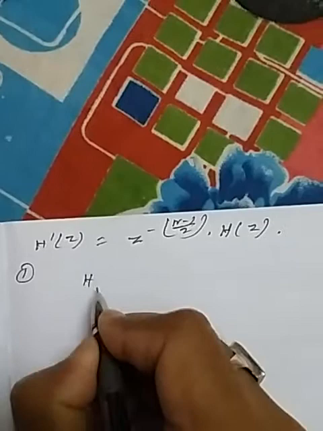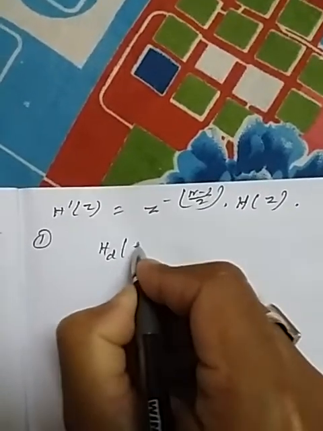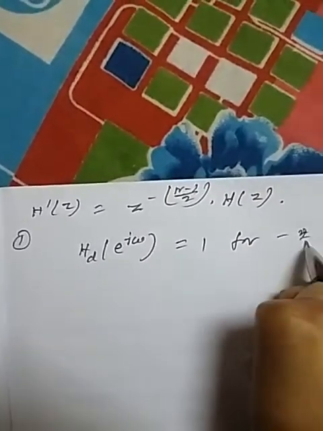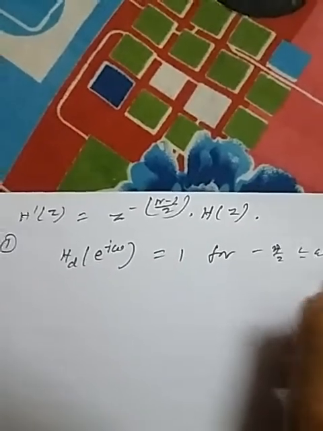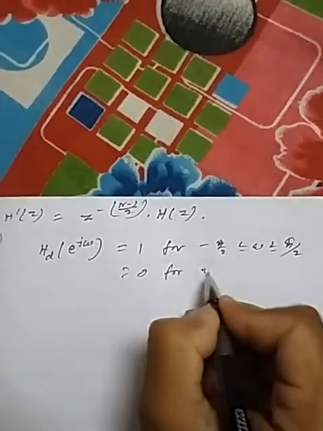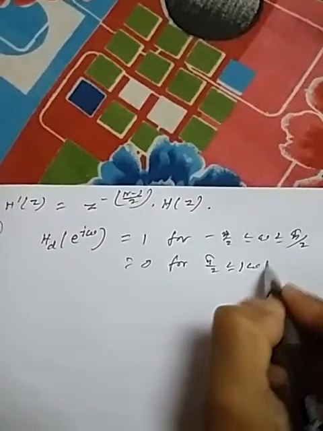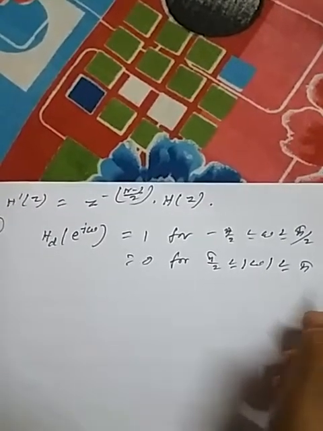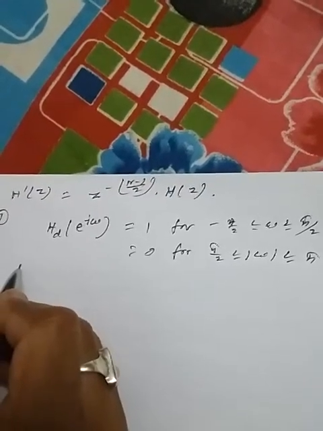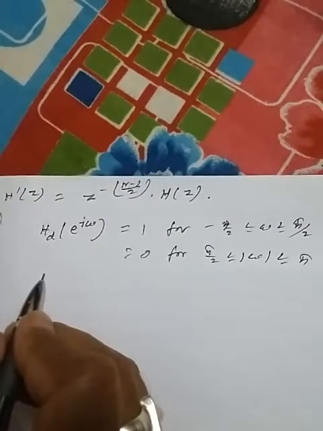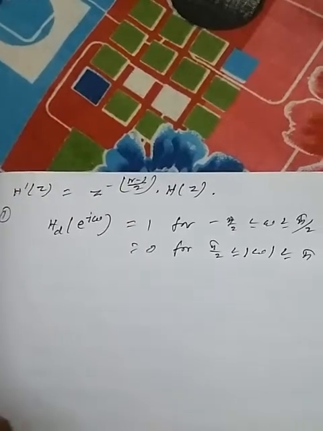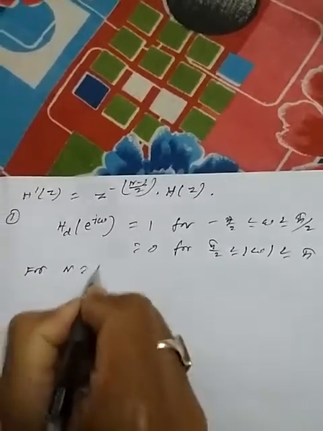If the desired frequency response of the filter is H_D(e^jω) equal to 1 for -π/2 ≤ ω ≤ π/2 and 0 for π/2 ≤ |ω| ≤ π, then suppose I have to find the value of h(n) and design the digital filter, that is, we have to find the value of H(z) for capital N equal to 11.